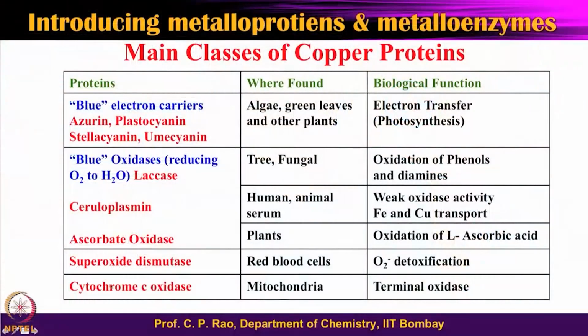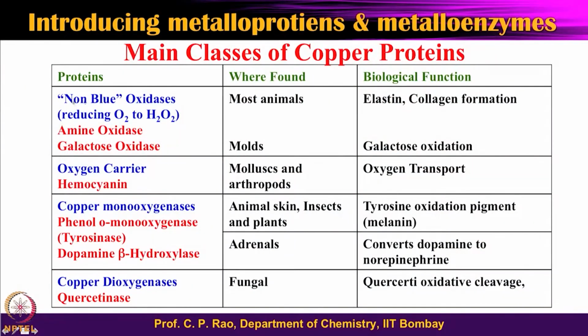Then we also have another class of copper proteins, cytochrome C oxidase, which is obviously mitochondrial one, and this is nothing but a terminal oxidase of this. Besides this, we also have non-blue oxidases. That means there is no blue copper protein present in this, and these are called non-blue copper oxidases.